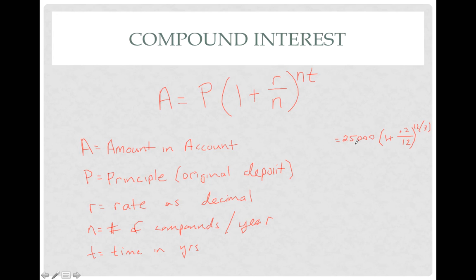So that's all this talks about. $25,000 put into my account at 20% interest compounded monthly. I would figure out how much money I would have after a total of 3 years.